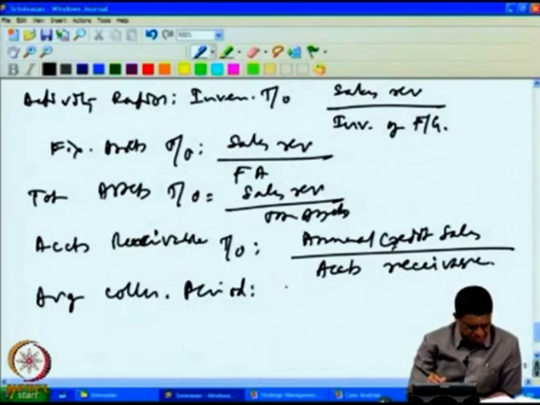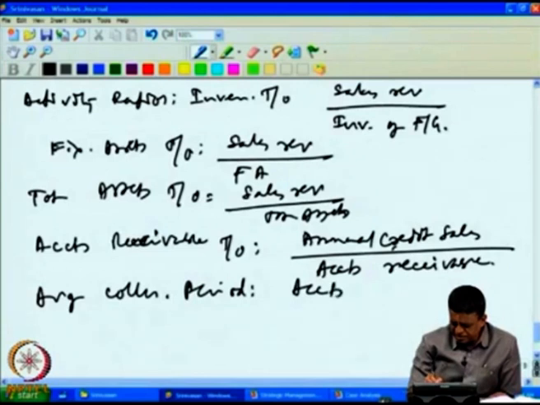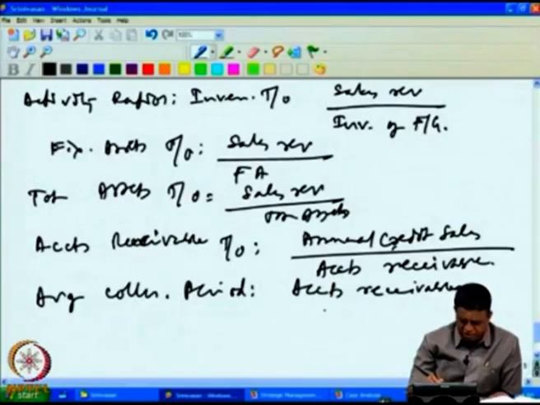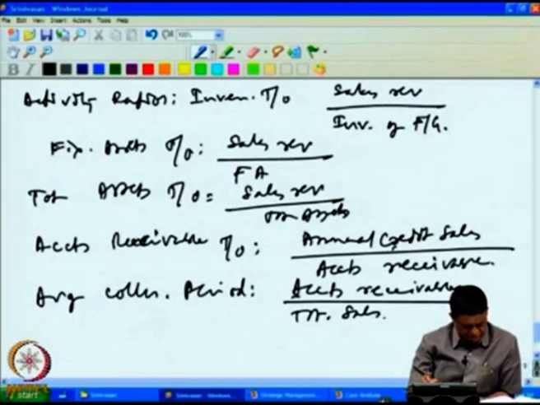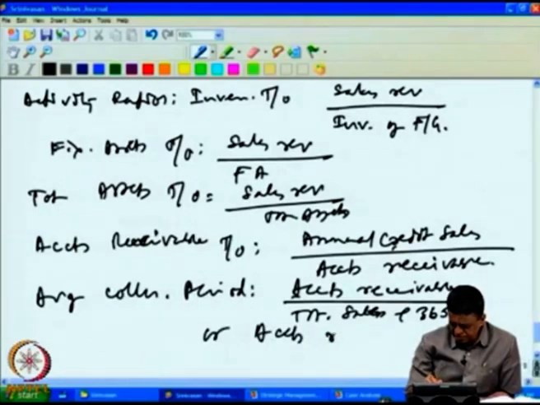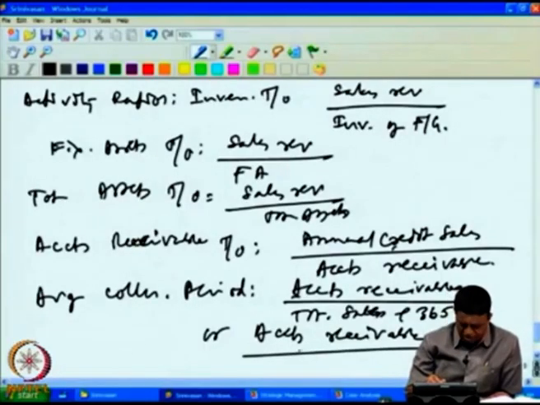This is equal to the accounts receivable divided by the total sales over 365 annual days, or the accounts receivable divided by the average daily sales.